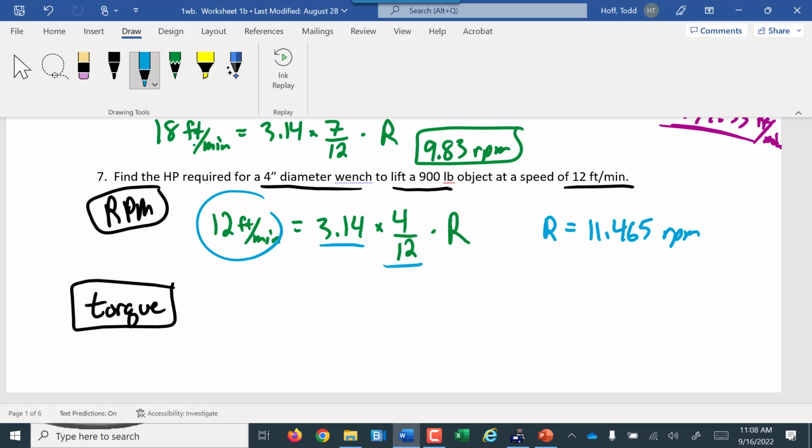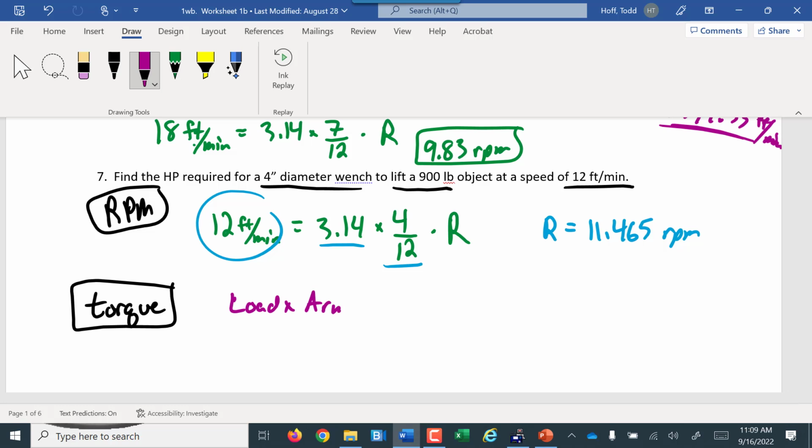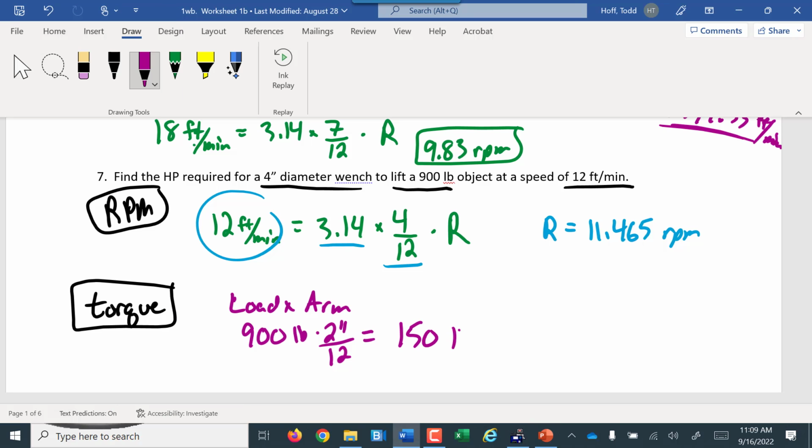So the torque here is going to be the load times the length of the arm. So that'll be the 900 times 2. 4-inch diameter, it's 2-inch radius. Of course, we put that over 12 to convert it into feet. So 900 times 2 divided by 12 gives us 150 pound-feet of torque.